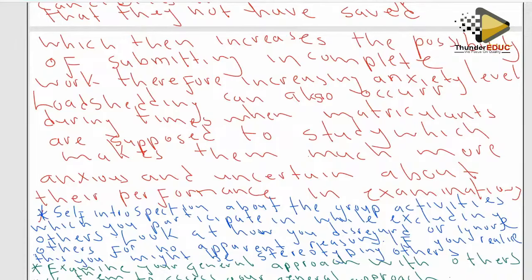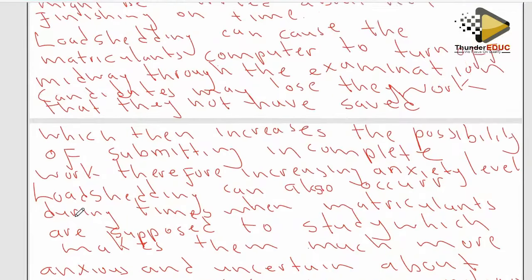So examine your general approach. How do you interact with others? How do you deal with individuals or with other groups? Then you must also ask others to assess you. They can do their own assessment, then they give you feedback. So after looking at such things, you can find out if you are stereotyping others or not. So that is the last bullet in question 5.